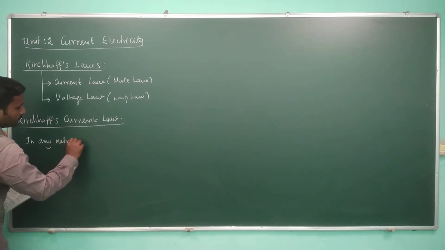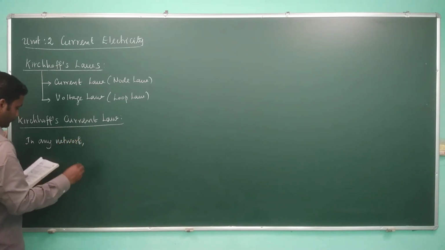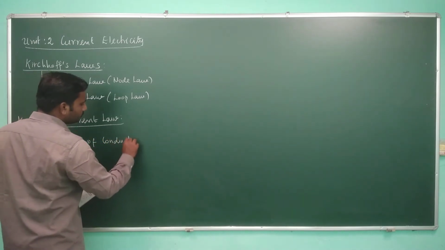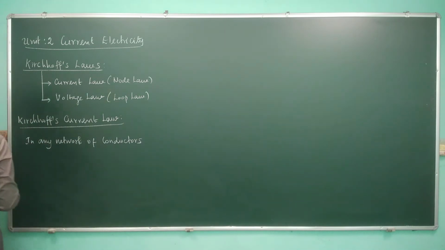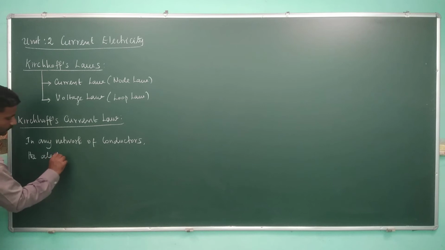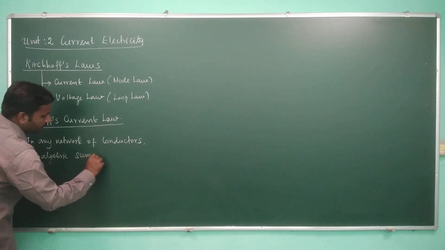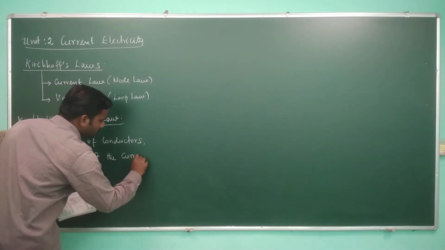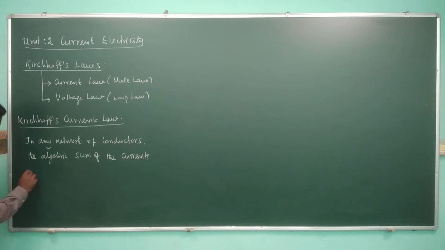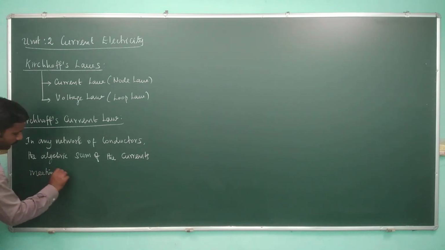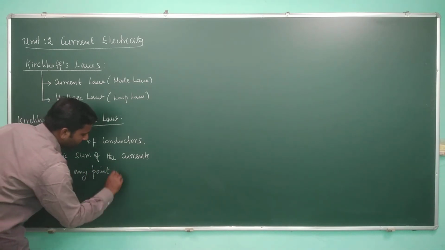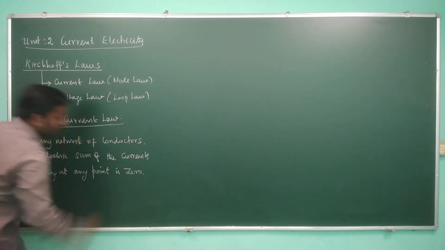In any network of conductors, the algebraic sum of the currents meeting at any point is 0.